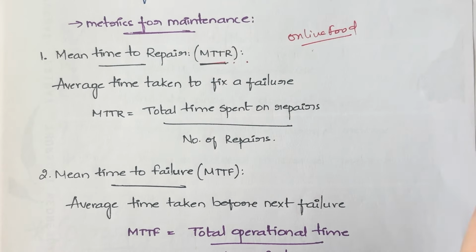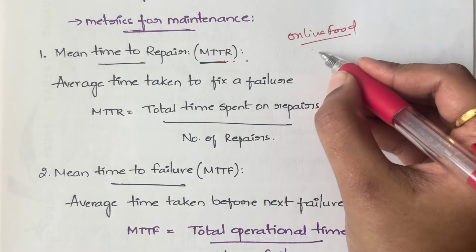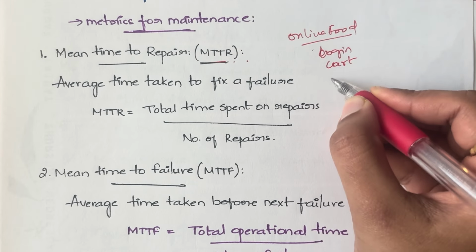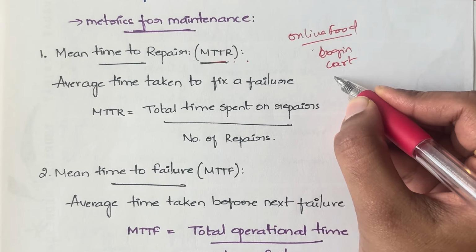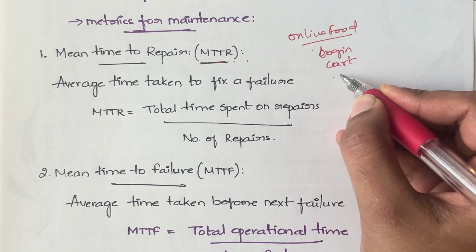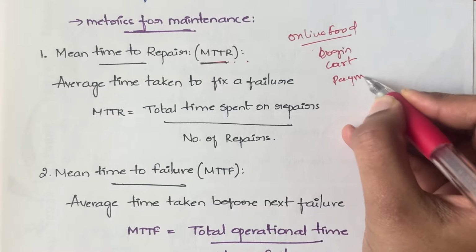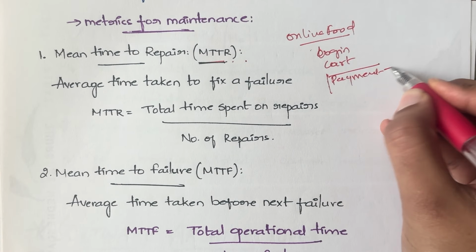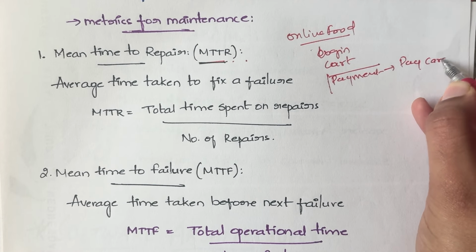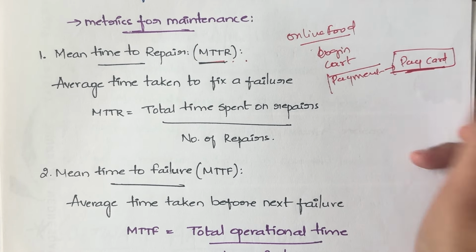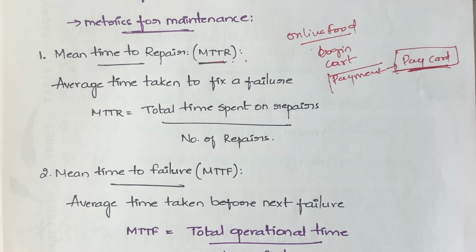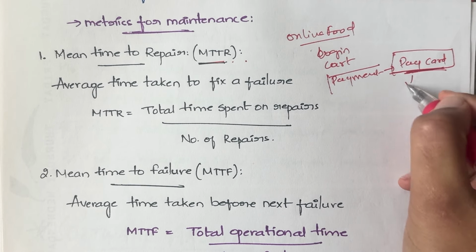In this you have different steps: first the customer logs in, then adds products to the cart, and then does the payment. Let's say the payment through card is broken. For some reason the website is not accepting credit card or debit card payments. That means this is a failure in the functionality.